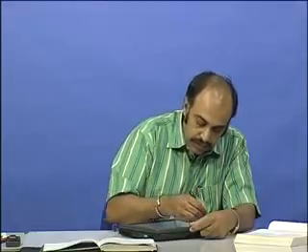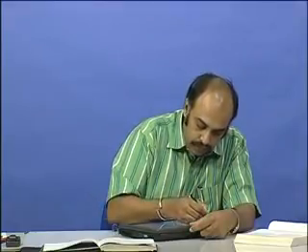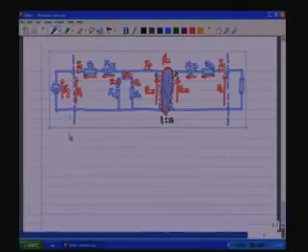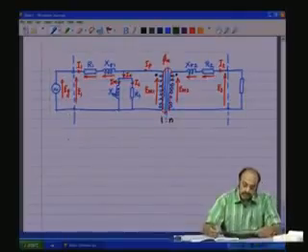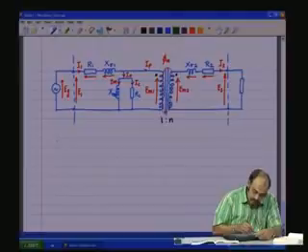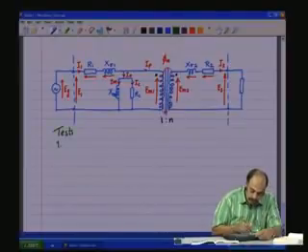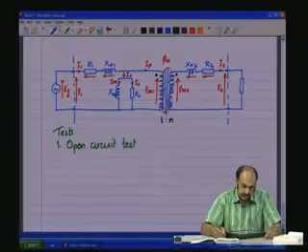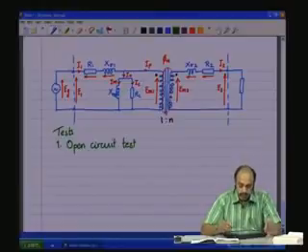So, going back to the equivalent circuit, we perform two tests on the transformer. One test is called the open circuit test.